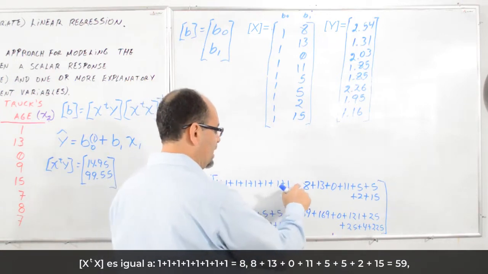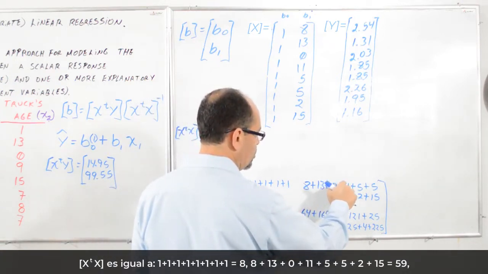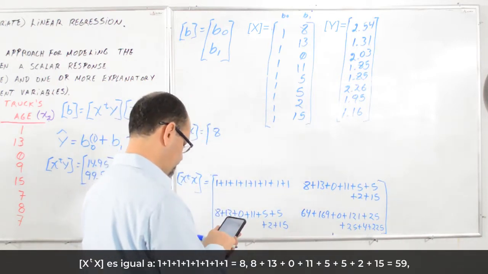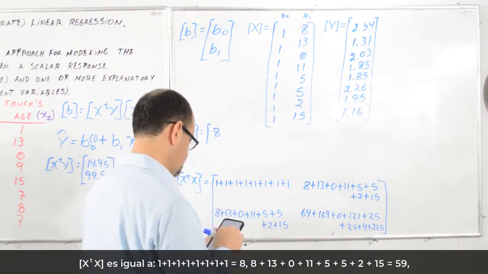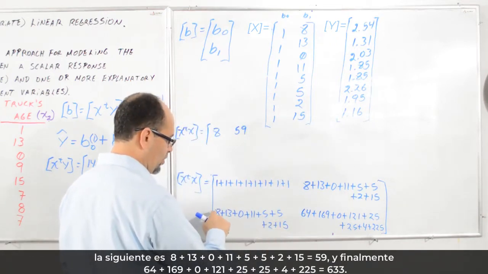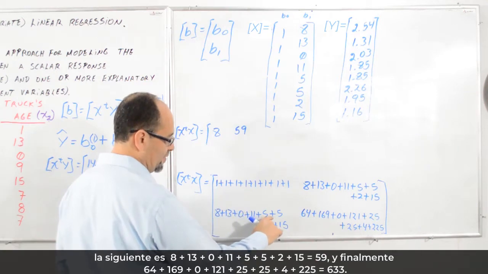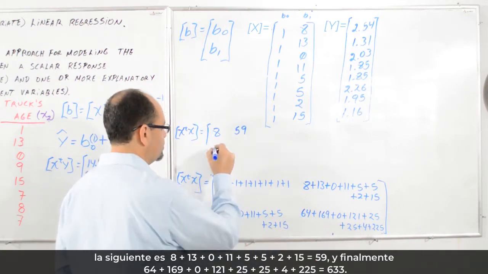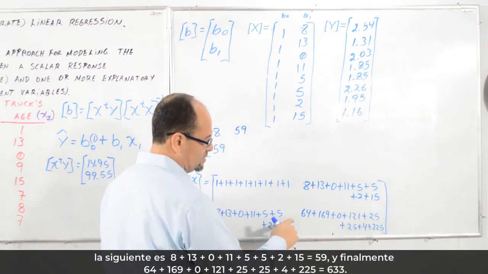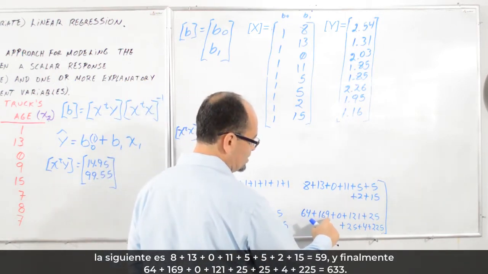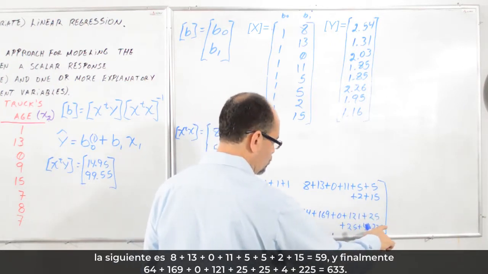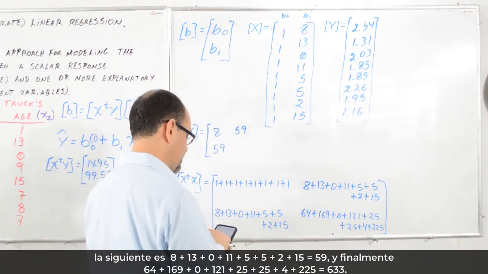The second one, 8 plus 13 plus 0 plus 11 plus 5 plus 5 plus 2 plus 15. Next one, sum of 8 plus 13 plus 0 plus 11 plus 5 plus 5 plus 2 plus 15. And finally, 64 plus 169 plus 0 plus 121 plus 25 plus 25 plus 4 plus 225.